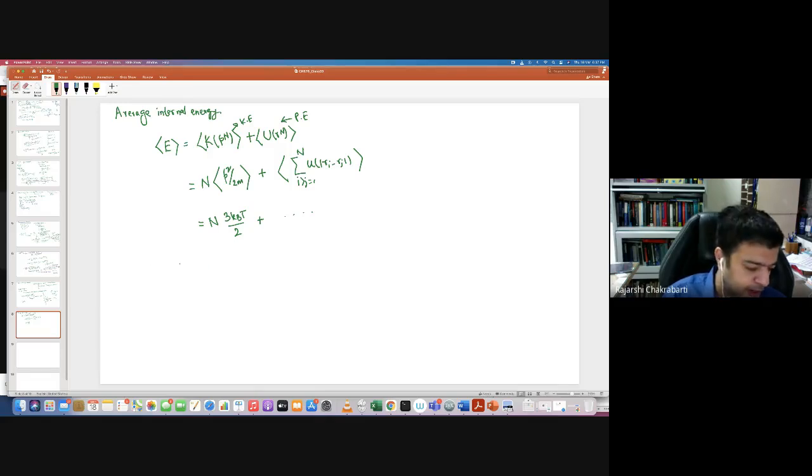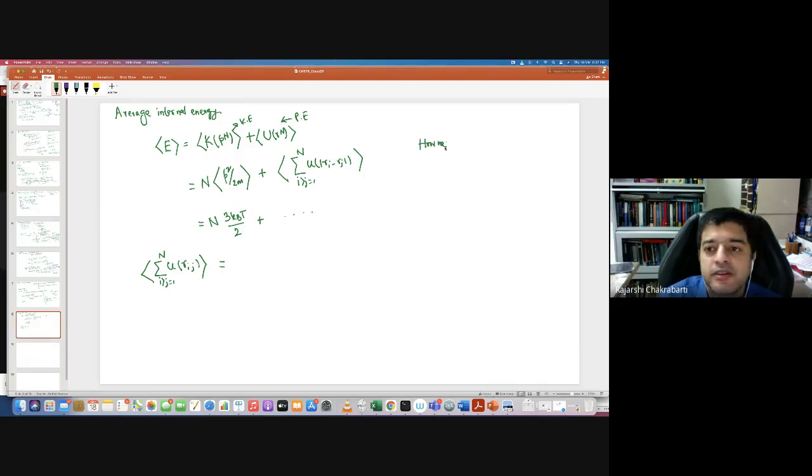So in order to calculate this, essentially I am calculating u(r_ij) in general. And how many such pairs are there in the system? How many distinct pairs?